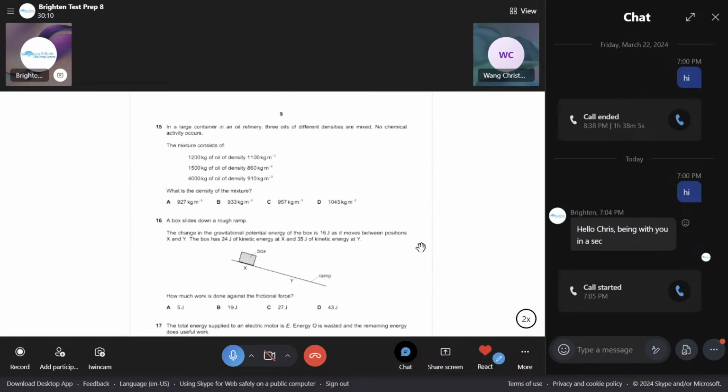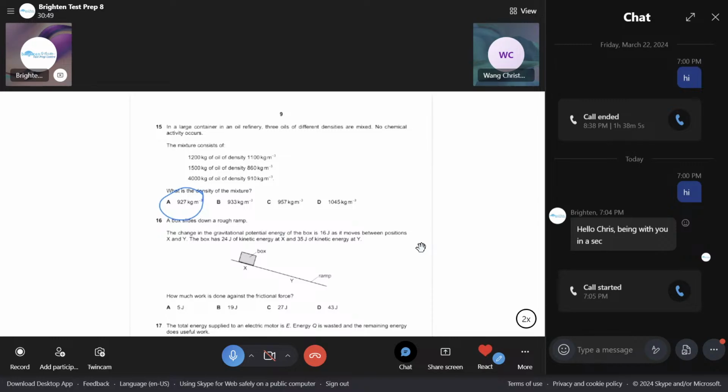Yeah, that's an interesting question. Mediums of different densities. Of course, we are looking into physics, so no chemical reaction. And now we want to know the density of the mixture. Calculate the total volume by doing mass divided by density. Yeah, right. We can skip that one too, and that results in A. So we get 927.